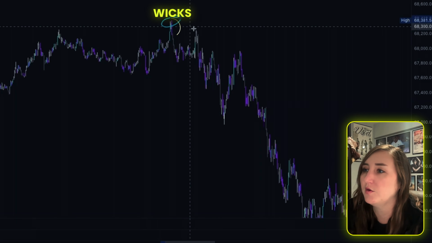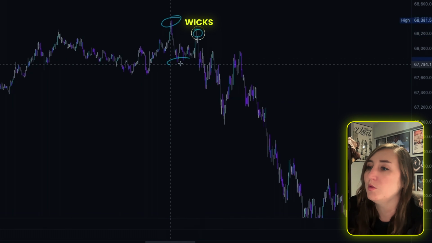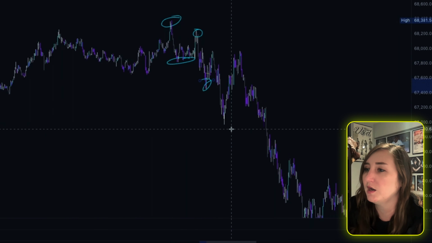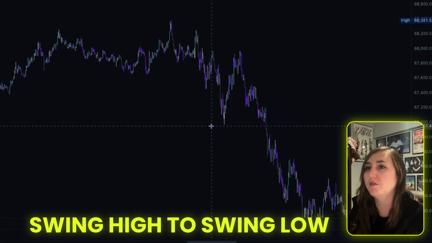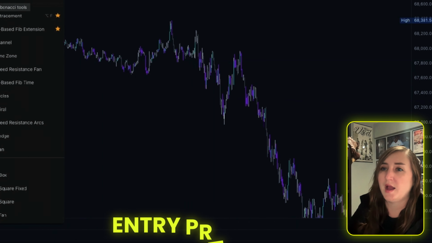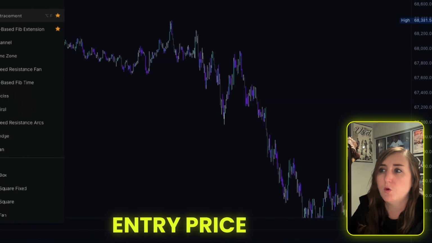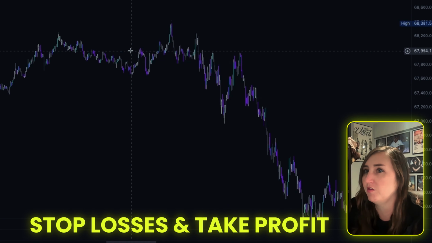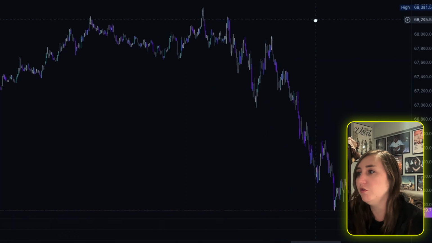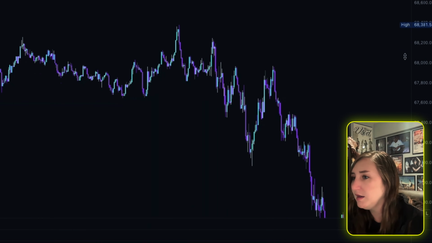Point sticks out here, point sticks out here, point sticks out here. We want to draw from these swing high and swing low areas. So we get the exact entry prices we need to be looking for, stop losses, and or take profits, all based off the fib retracement. And there are two very important confluences after this, so please pay attention here.